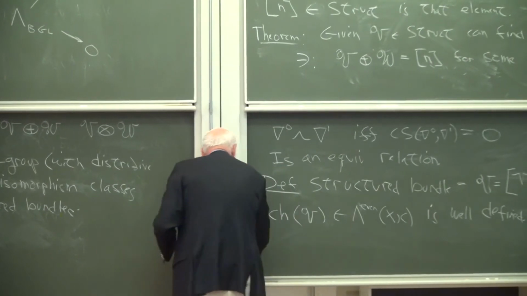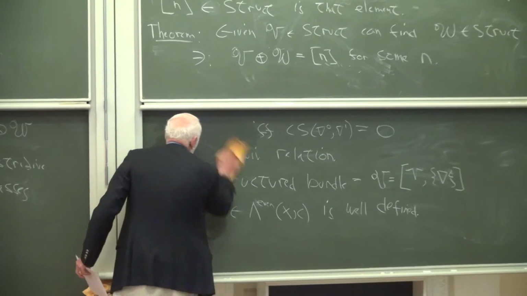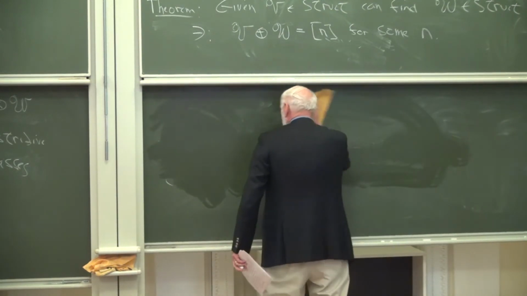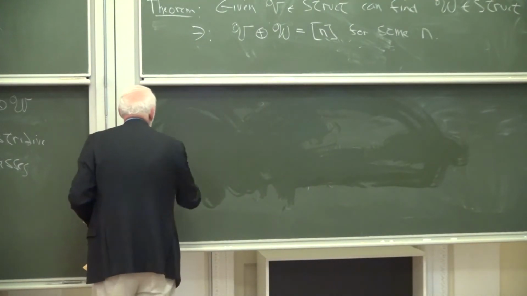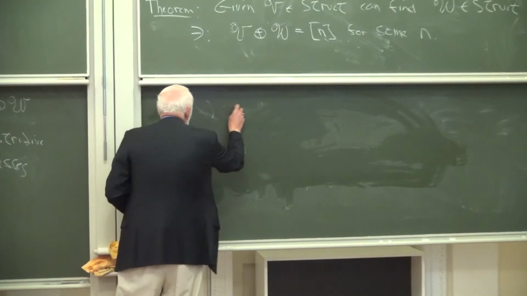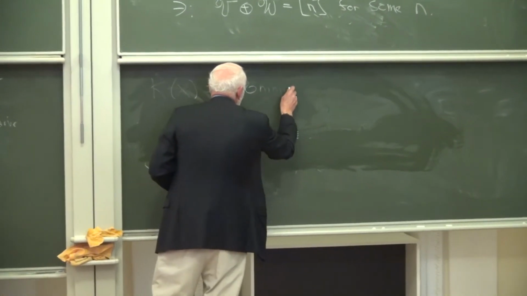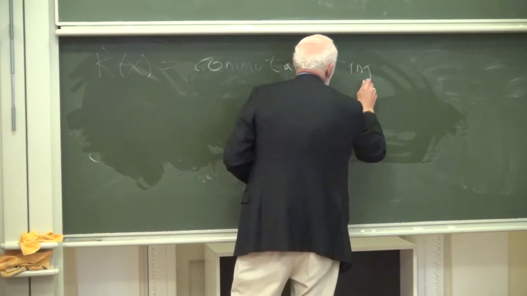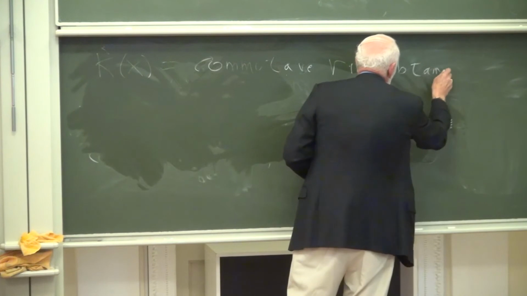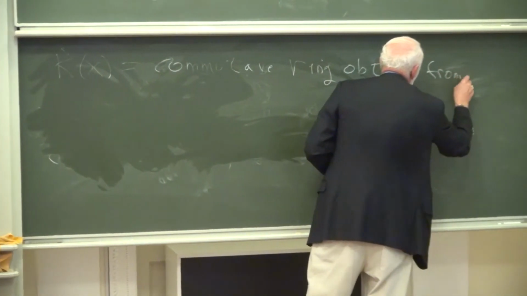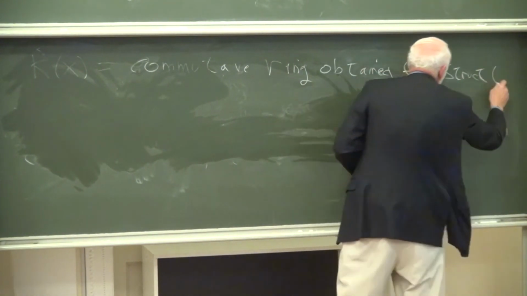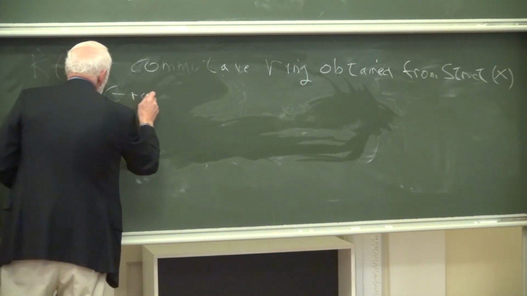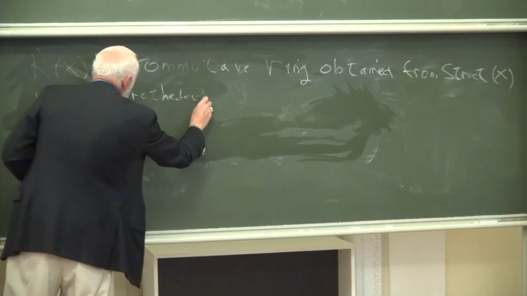Now we're going to just set K hat of X equal to the commutative ring obtained from Struct of X using the Grothendieck construction. So you don't have to say semi-ring anymore.